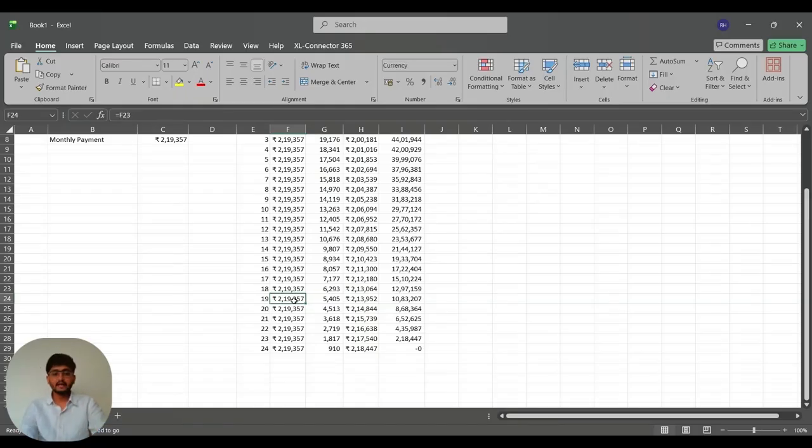For the 19th month, the EMI payment we are paying is the same amount, and how will we calculate the interest? On the previous debt, at how much percent? 0.4671%. Okay, this was 5,405 rupees.